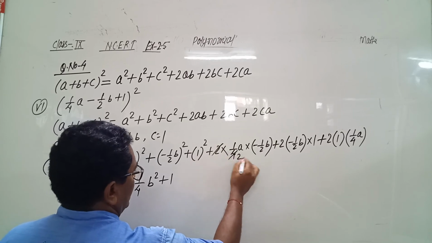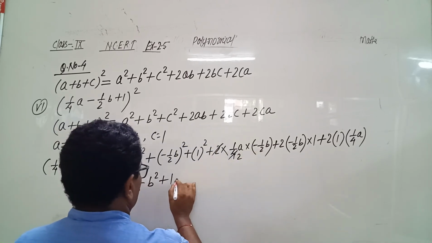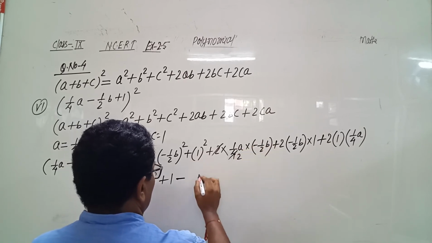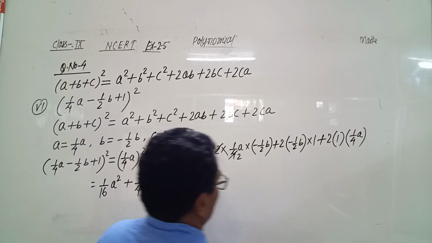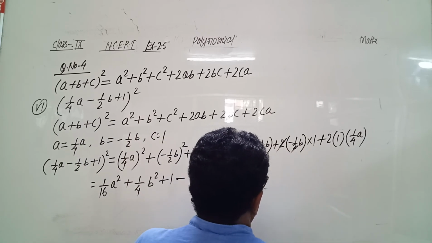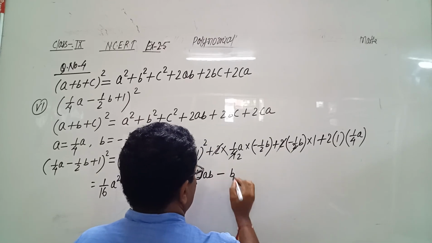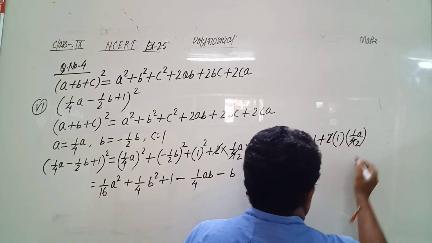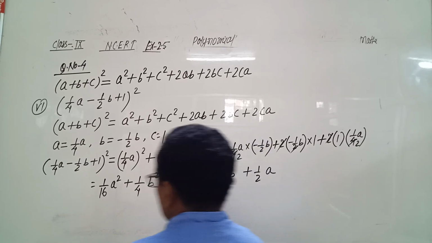And 2 into 1/4a into −1/2b gives minus 1/4 ab. Then 2 and 2 cancel, plus into minus gives minus b, and then 2 and 4 cancel, plus 1/2 into a. This is the result.